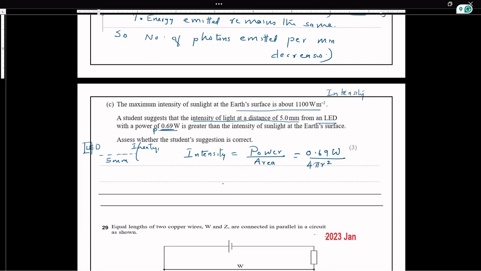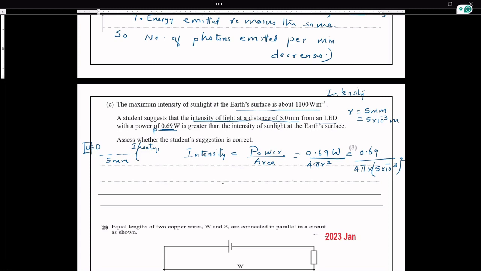So this will be 0.69 over 4 pi into, the radius or distance is 5 millimeter, which is 5 into 10 to the power of minus 3 meters, which is 5 times 10 to the power of minus 3, the whole square.